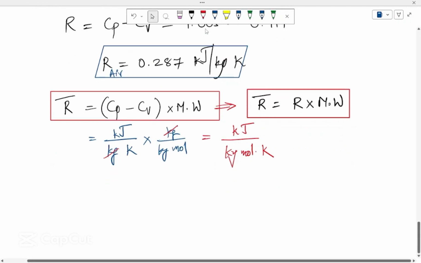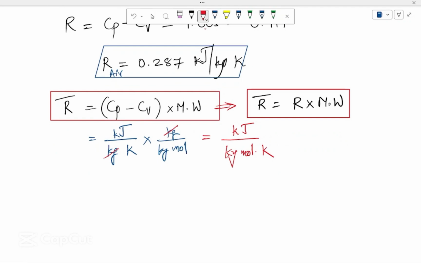You will divide if you are writing in terms of R: R is equal to R bar by the molecular weight. So you can take various other forms based on the requirement and the need. That is the relationship between your R and R bar.